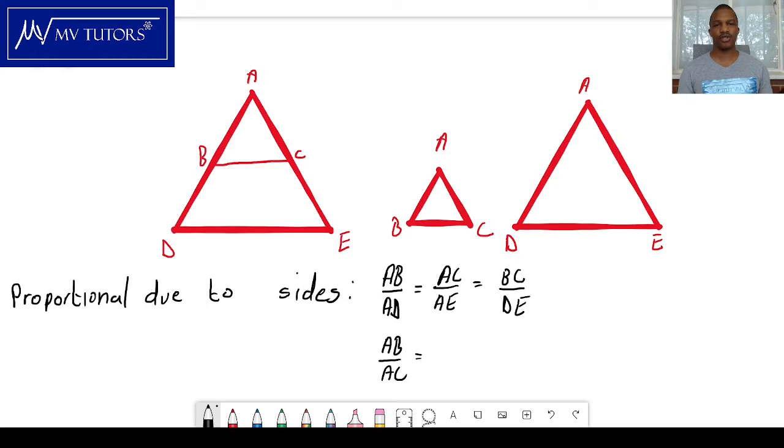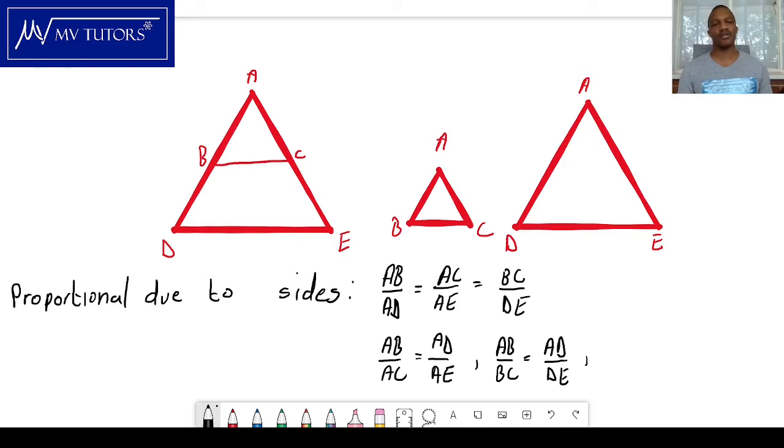That is proportional to AD divided by AE. Okay, two sides, we can also take AB divided by BC, and that's proportional to the big one, which is AD divided by DE.